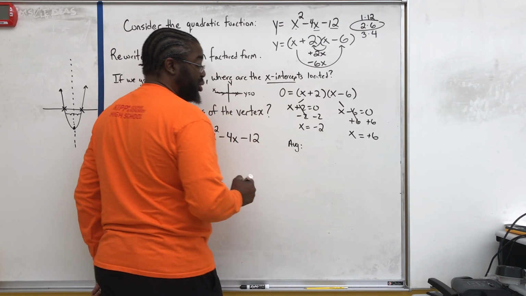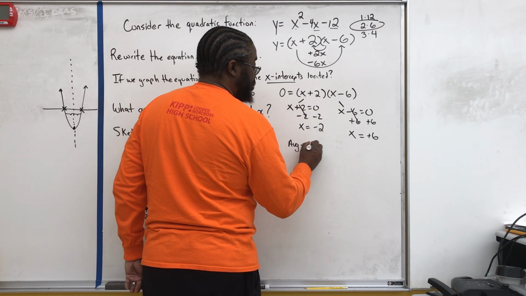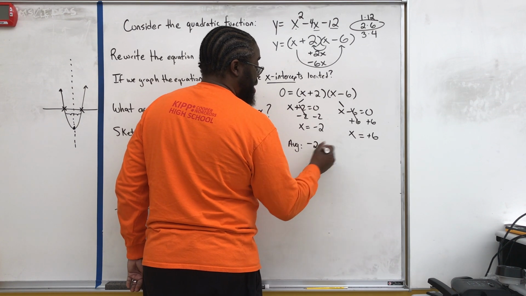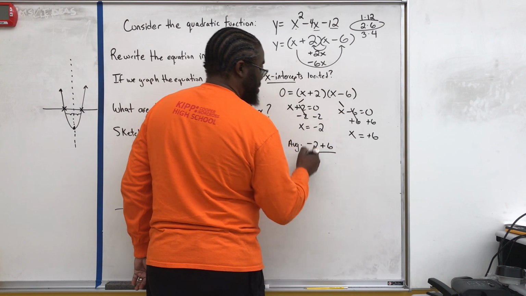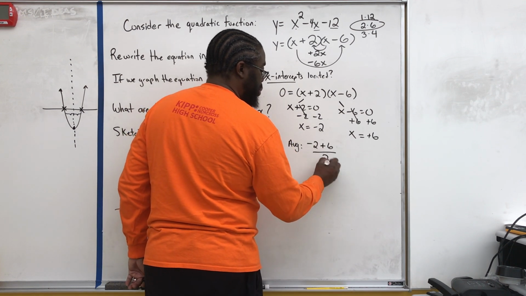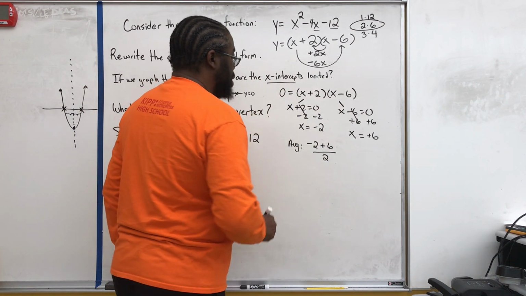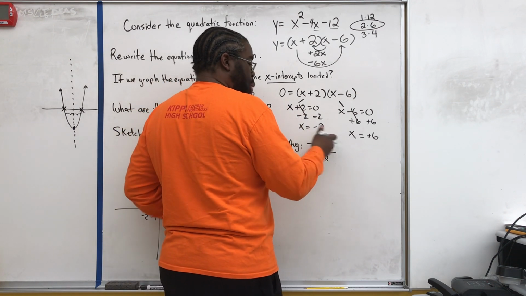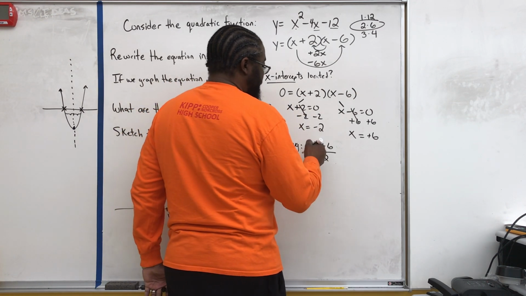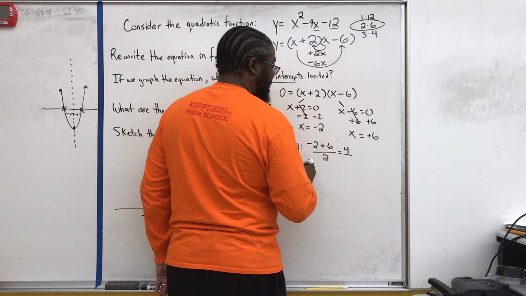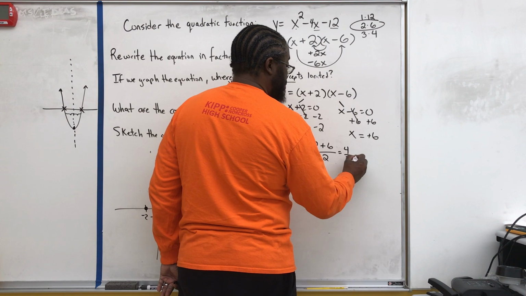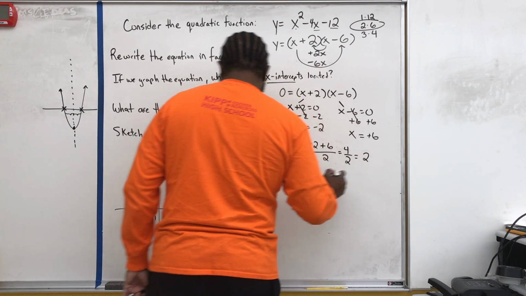I add them, and then divide by the number of things I'm adding, which is 2. The middle of two numbers is always going to be the average of those two numbers. Negative 2 plus 6 is 4. Divide that by 2 is 2.